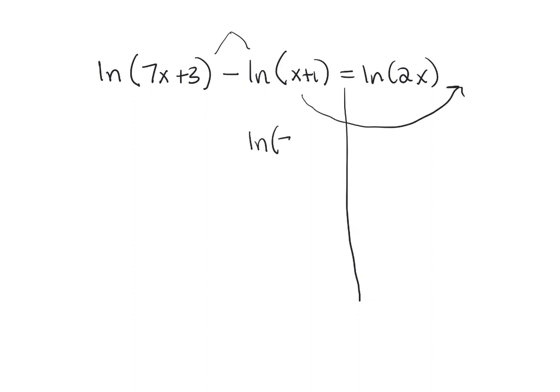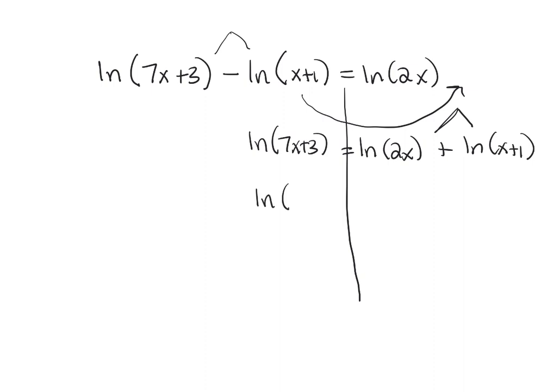So natural log of 7x plus 3 equals natural log of 2x plus natural log of x plus 1. Now, because it's positive, you can condense these into a product. Either way, you're going to get the same answer. It's just your choice, what you prefer.